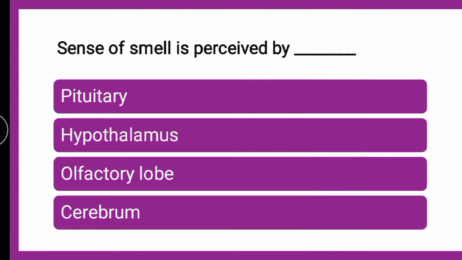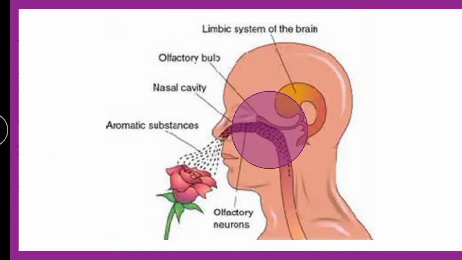After the explanation. Now the sense of smell: these are the olfactory neurons and the olfactory bulb, which are involved in the sense of smell. Olfactory means relating to the sense of smell.